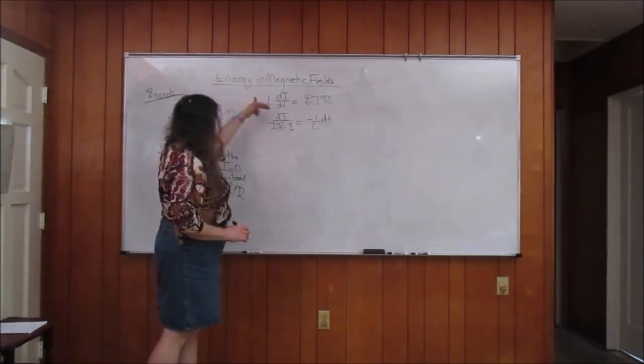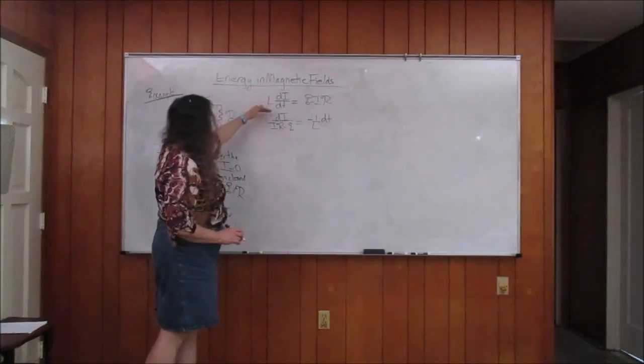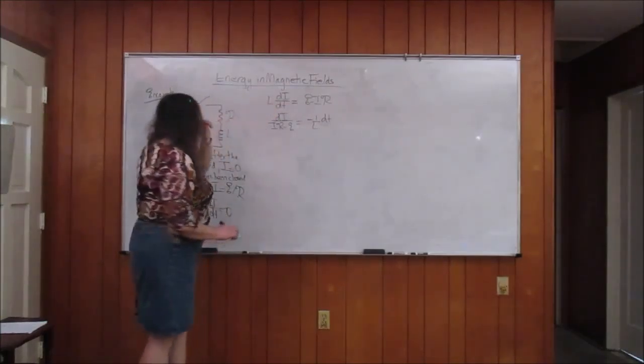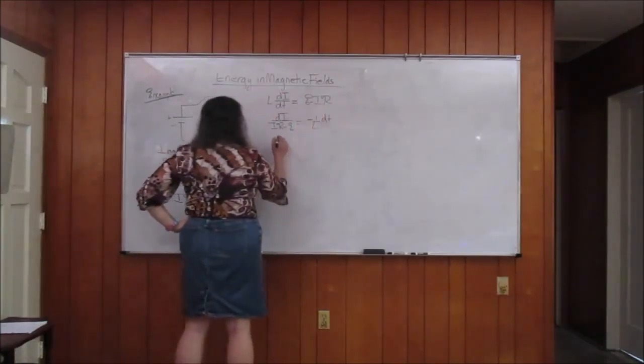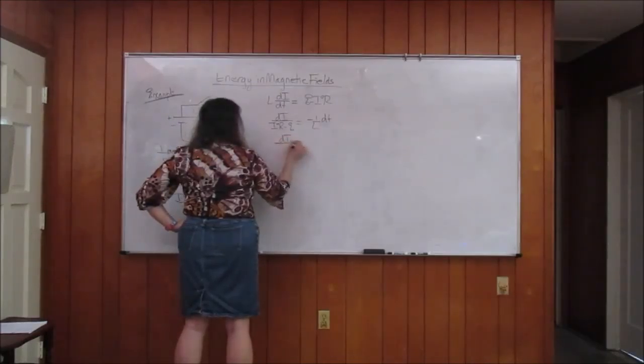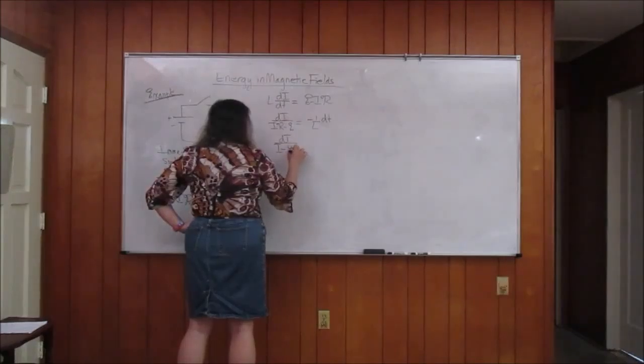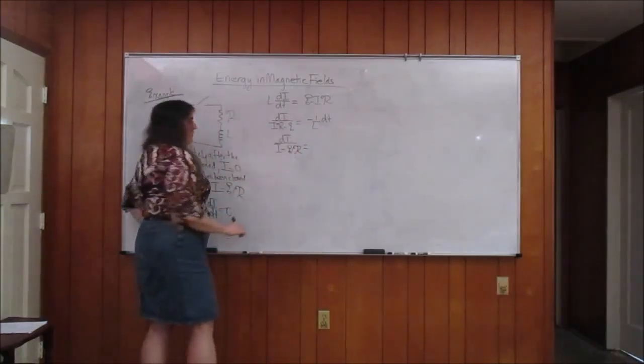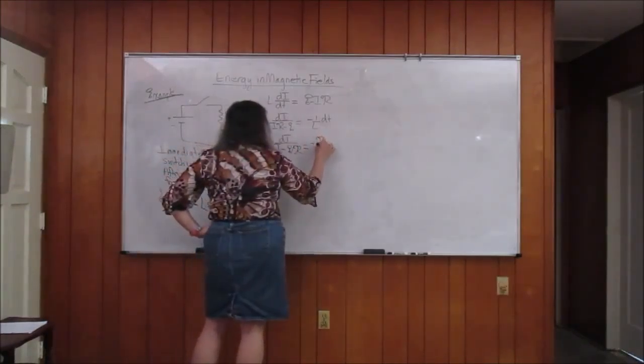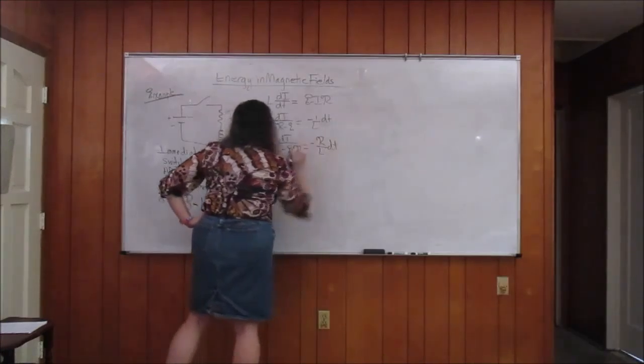And what I'll do too is basically multiply both sides through by the resistance, and that'll be dI over I minus the EMF over the resistance equals minus resistance over inductance dt.